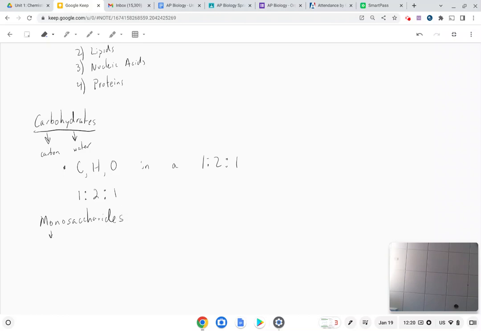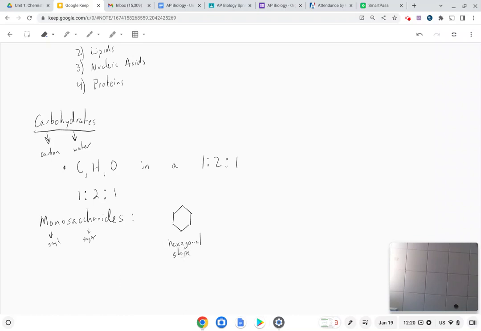Remember, mono means single, and saccharide means sugar. So these are sugars that are composed of 1 unit. The first example is the glucose that we talked about. Notice that it's a hexagonal shape.